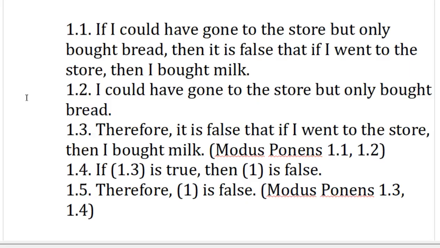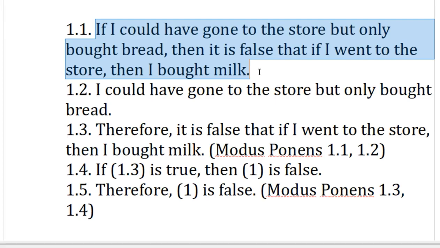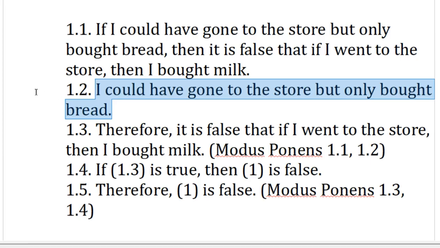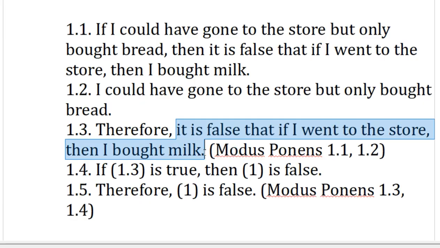Here's how that would look. If I could have gone to the store but only bought bread, then it is false that if I went to the store, then I bought milk. And I really could have gone to the store but only bought bread. Therefore, it is false that if I went to the store, then I bought milk.